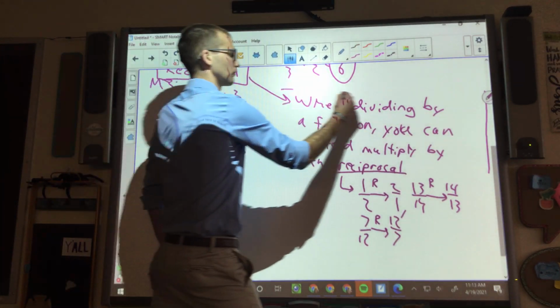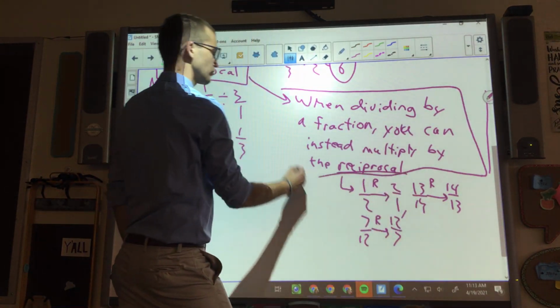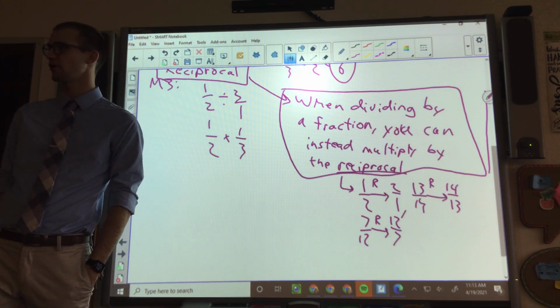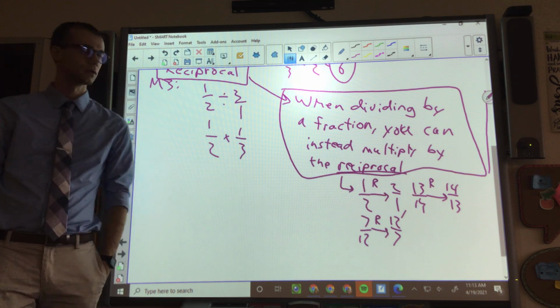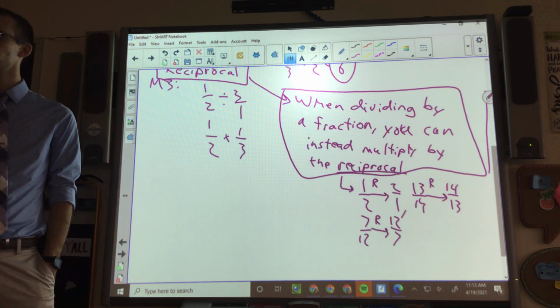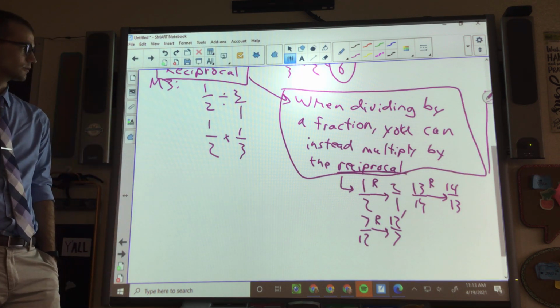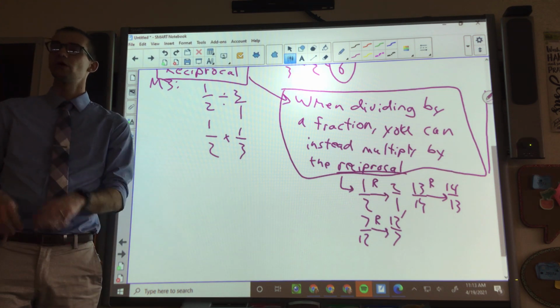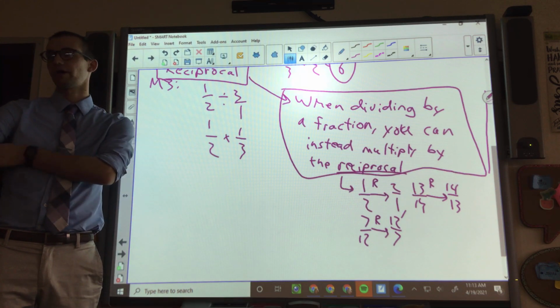The big thing is right here. Knowing what a reciprocal is is easy enough, right? It just means the flipped version of the fraction. But knowing when to use it, that is the important bit here. This is oftentimes really important when you're dividing a fraction by a fraction. I'm giving you this before we're even doing dividing a fraction by a fraction.